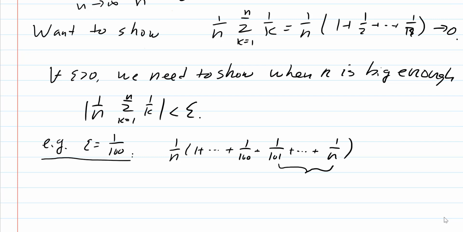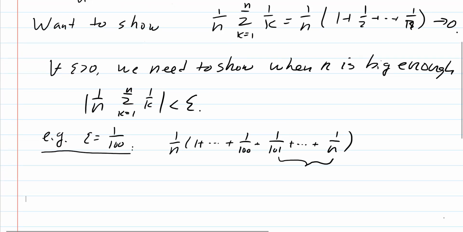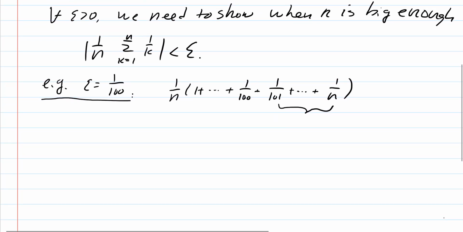If we look at this one over here, we see average over here is smaller than 1 over 101. And that's good, because we want to show that this average is less than 1 over 100. But since we have the front over here, we're going to actually look at the sum over here more carefully.